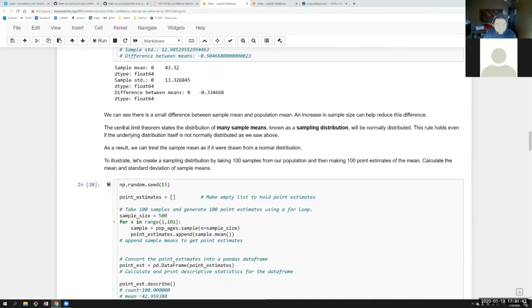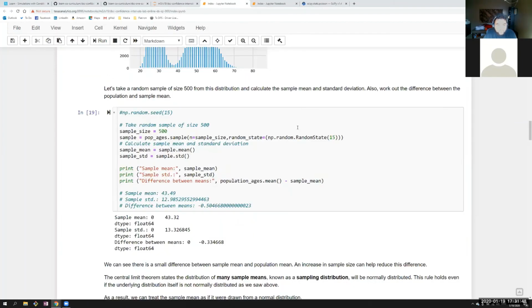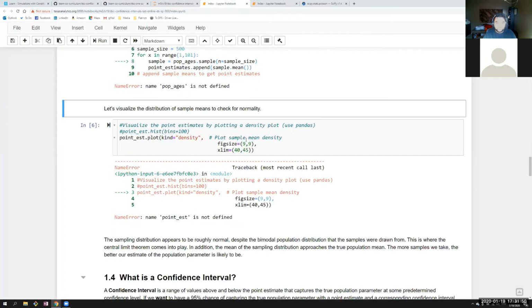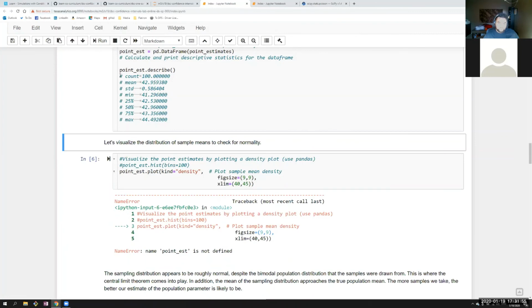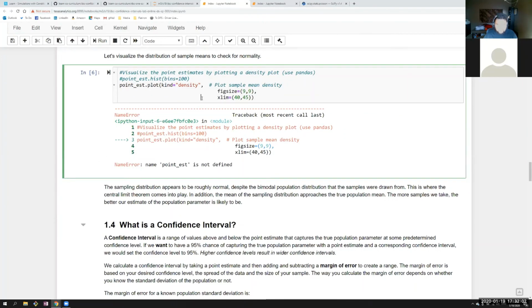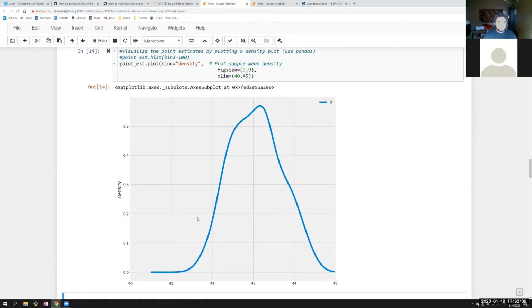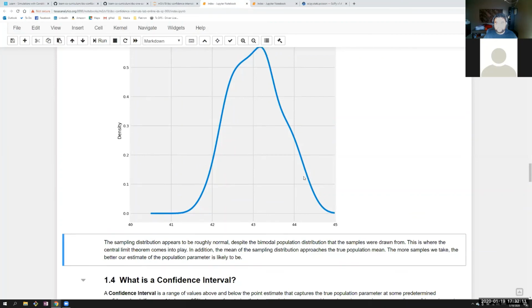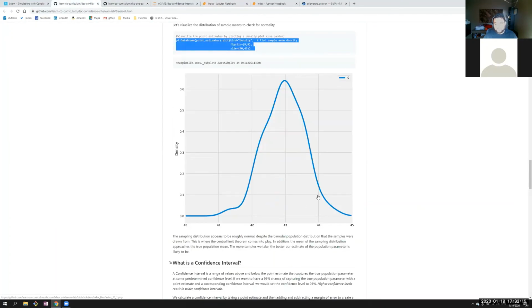Sorry, I have to run everything, I think. I'm just going to run everything. There we go. All right, so I got the same thing. I just plotted it differently. Same shape. Yeah, pretty much.